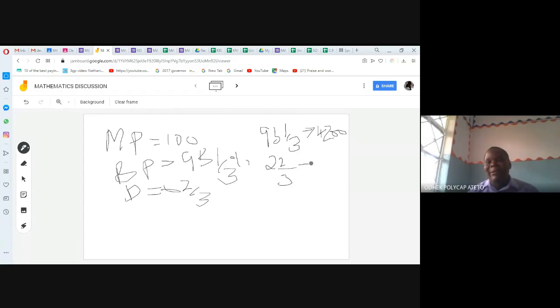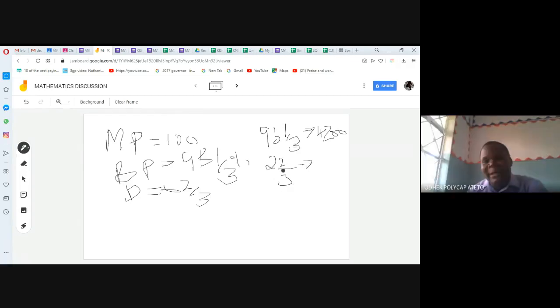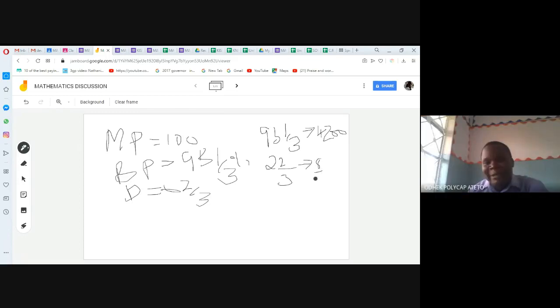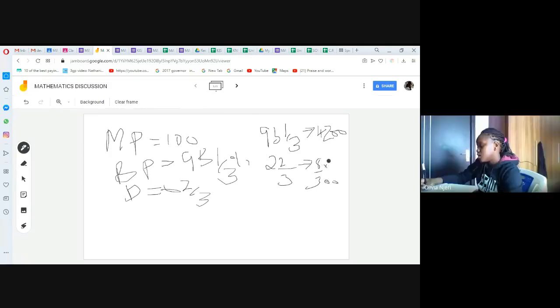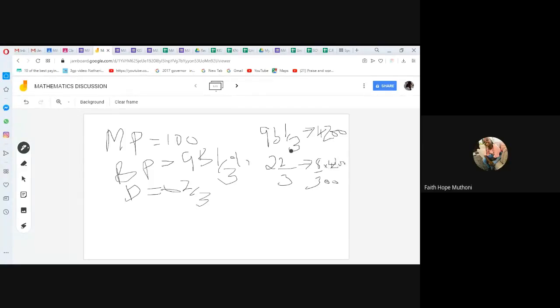So what about 2 and 2/3%? Can you now change this one into a proper fraction? 2 times 3 plus 2 is 8. That one will be 8/3, isn't it? Yes. So 8/300, remember it was a percentage, times 4,200. Everyone multiply by the reciprocal. Can you multiply 93 times 3?